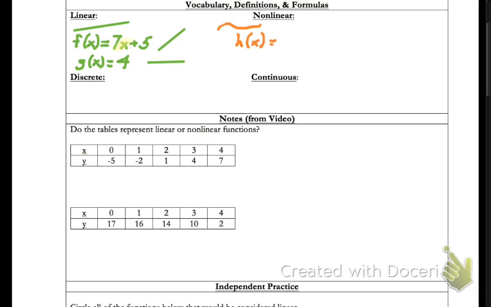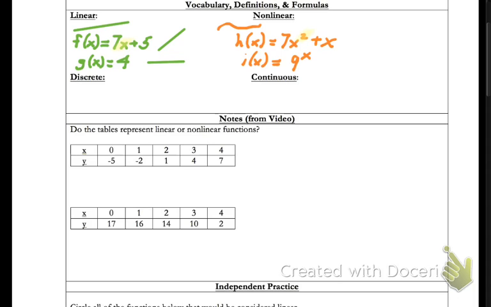H of x is equal to, let's do 7x squared plus x. And you'll notice its biggest power is now x to the second. This is not a linear function. Here's another example. I of x is equal to 9 to the x power.